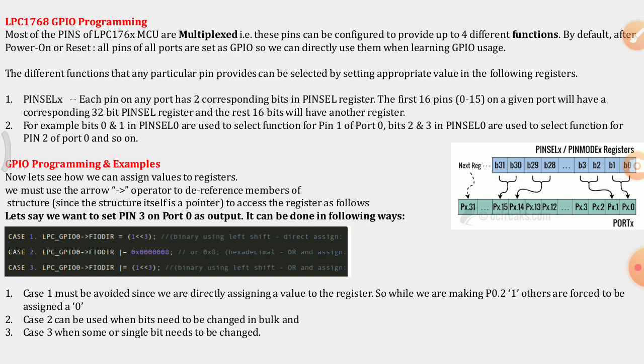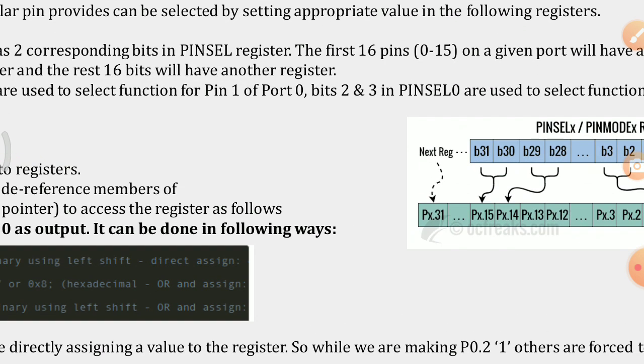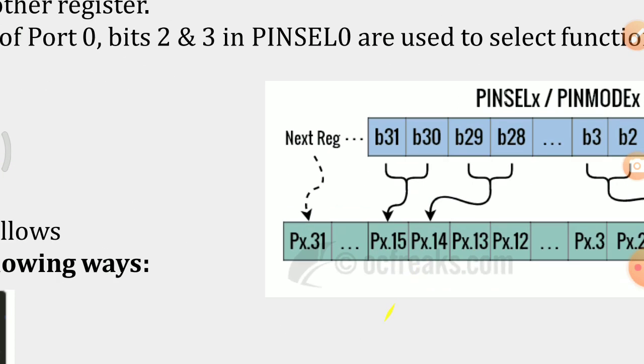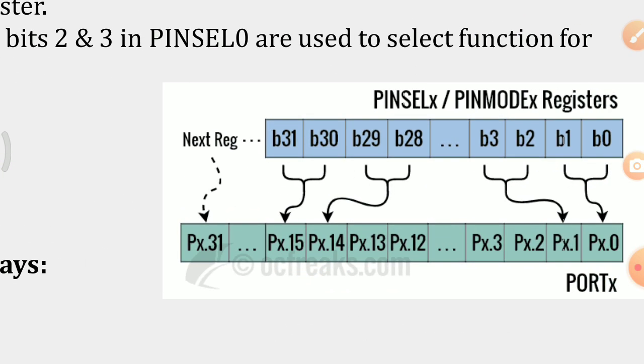In the diagram we can see that the above one is a pin select register and the below one is a port. Say port 0.0.